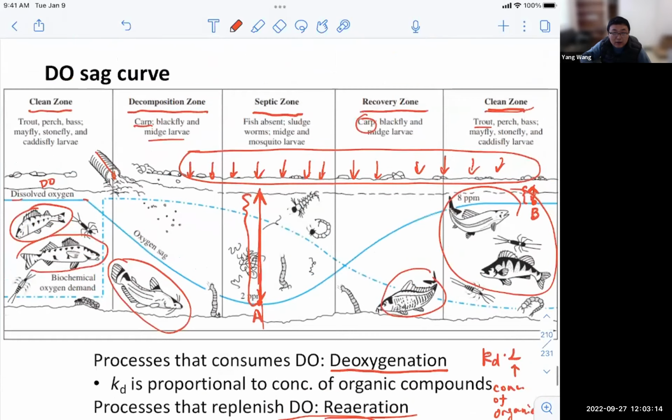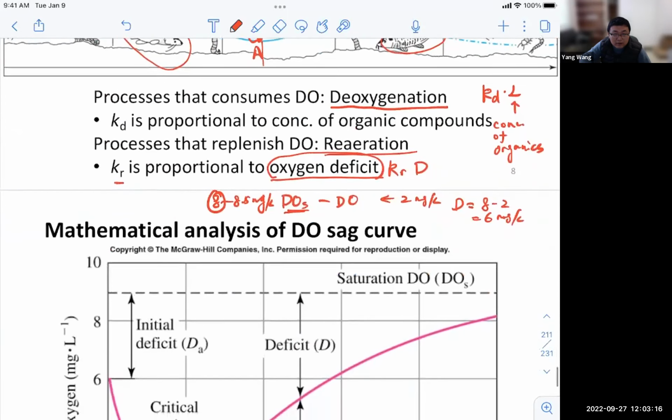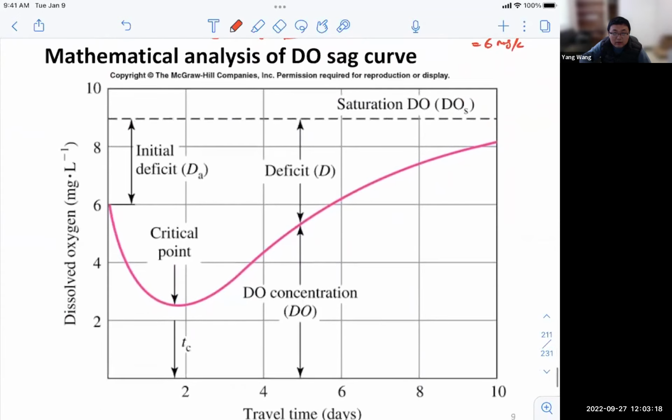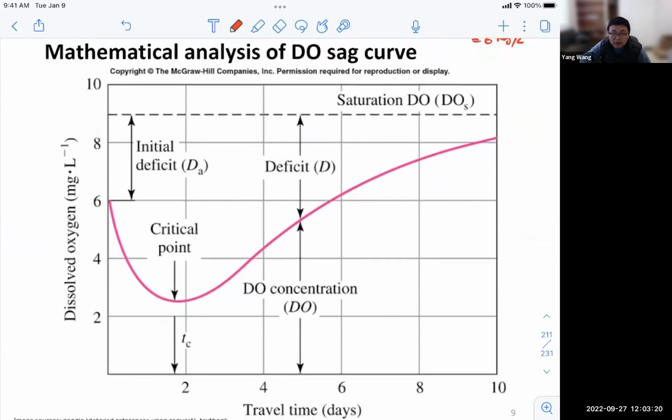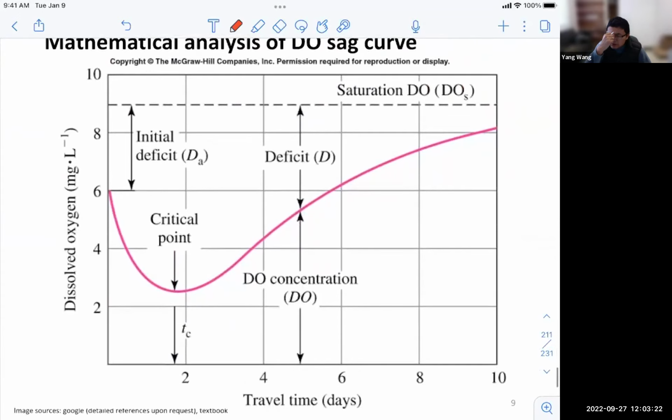All right, so now if you look at this DO Sag curve in a more mathematical way, if you plot it out, it's going to look like this. The reason people are interested in this DO Sag curve is that we want to evaluate the impact of certain pollution sources. For example, if you're trying to construct a wastewater treatment facility, how is that outflow going to impact the river water quality?